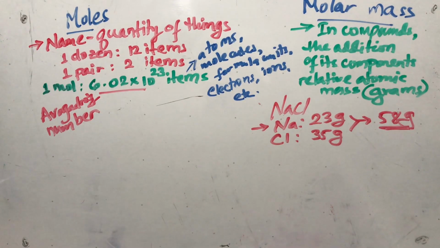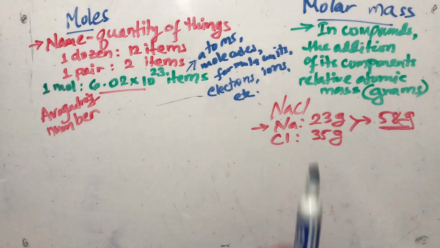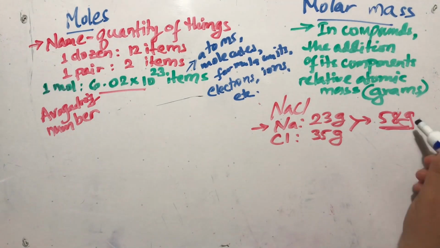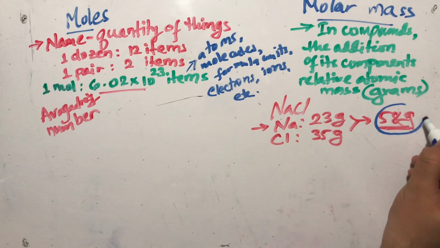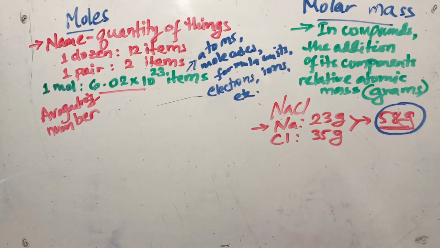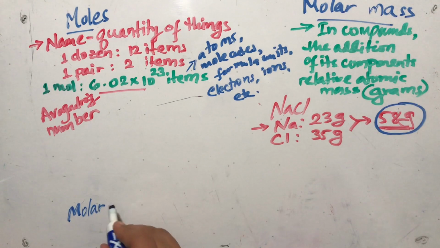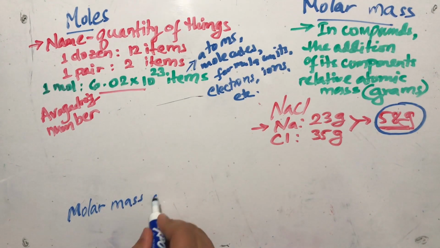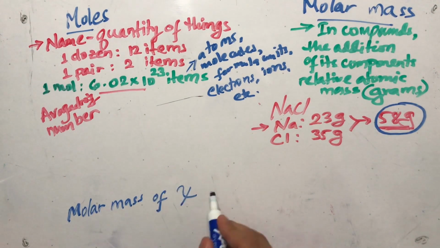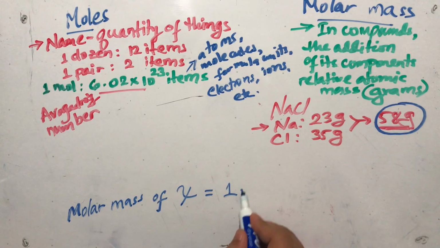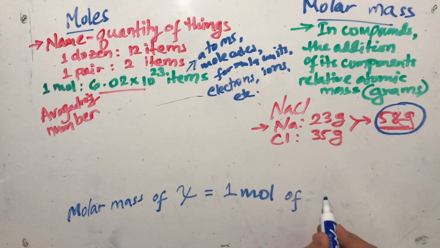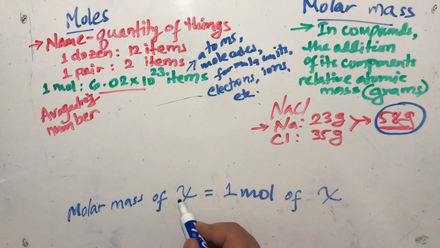There is a relationship between the molar mass and moles, and that is this: 58 grams of sodium chloride actually equals 1 mole of sodium chloride. So the molar mass of X equals 1 mole of that X. Okay, and X could represent compounds, molecules, atoms, all those things.